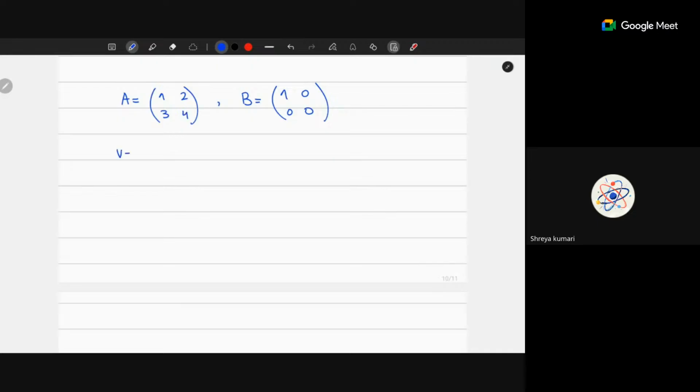In particular, let's say V1 is the space spanned by A, and V2 is the space spanned by B. So in particular, it is nothing but S and T times this.